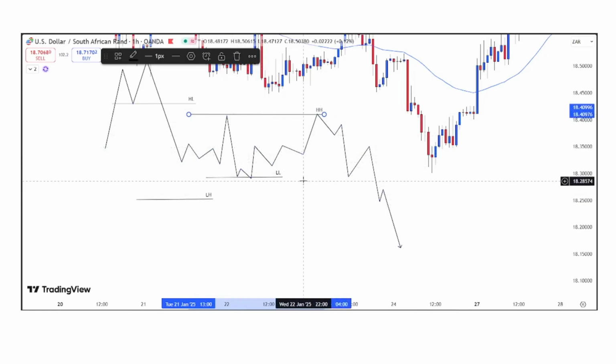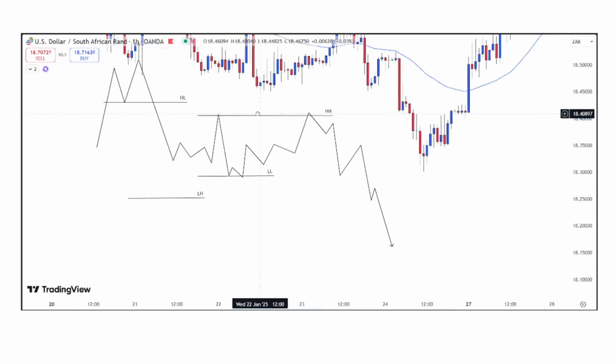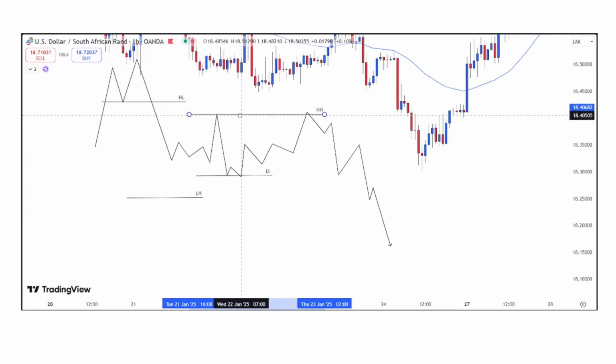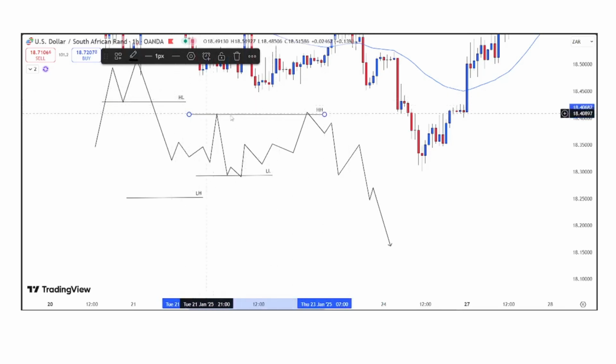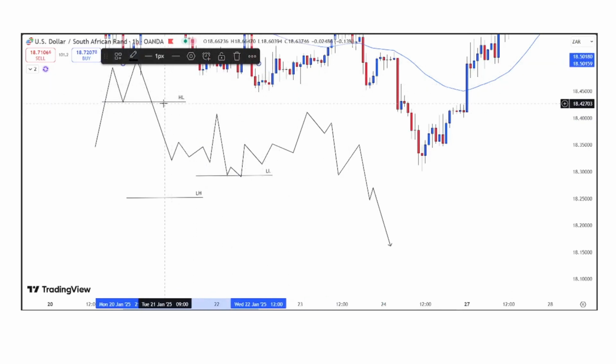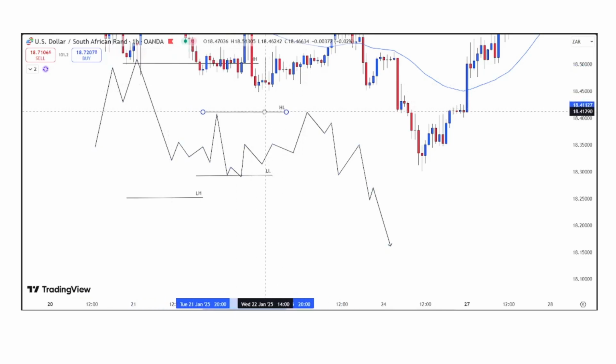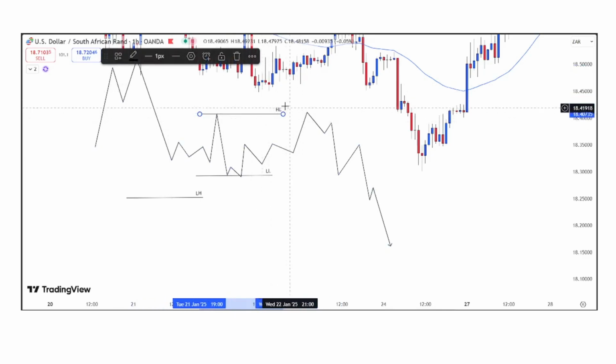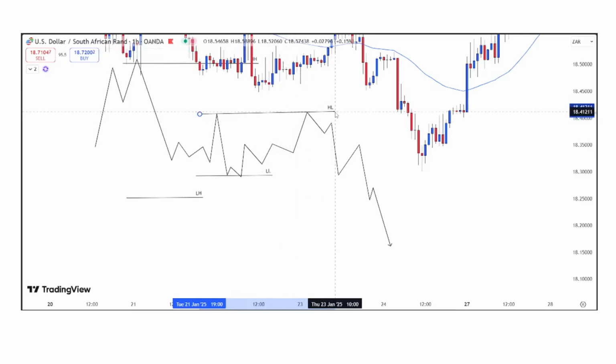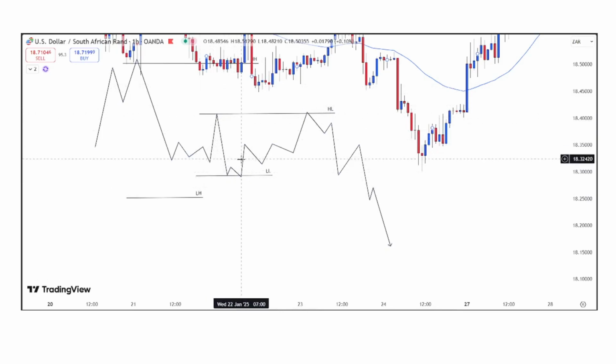Like I've said, price is bearish until we get a break above this higher high, or you say higher low, just so you can understand a bit better. Keep it as your higher low, right? Your lower low, lower high. We are still bearish if we are in this way.